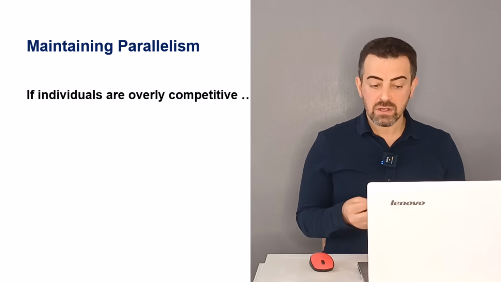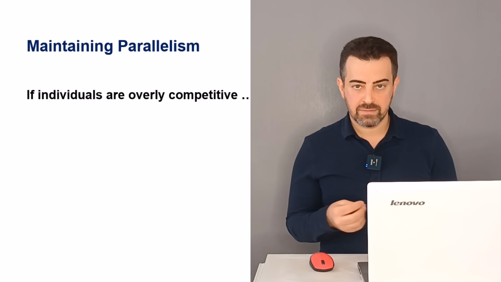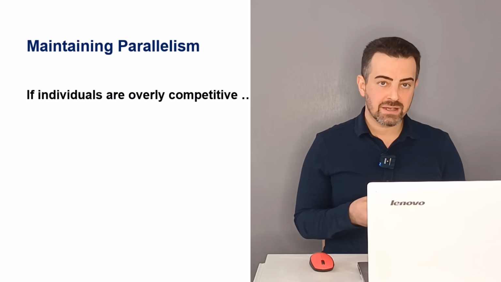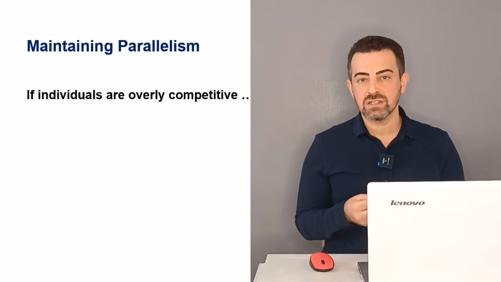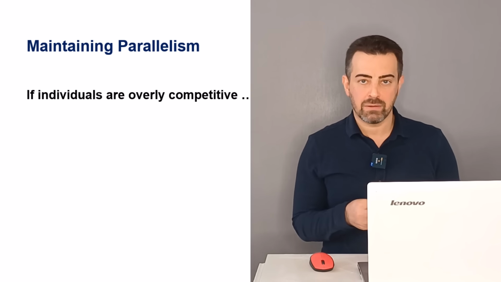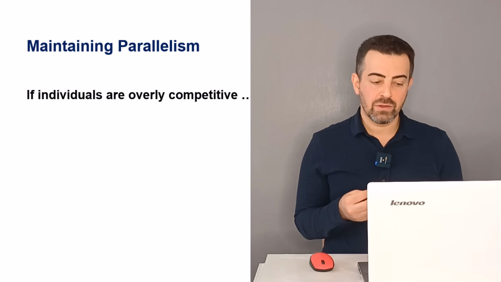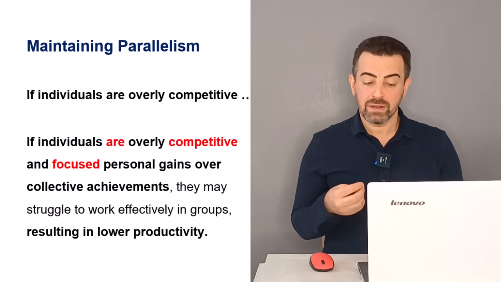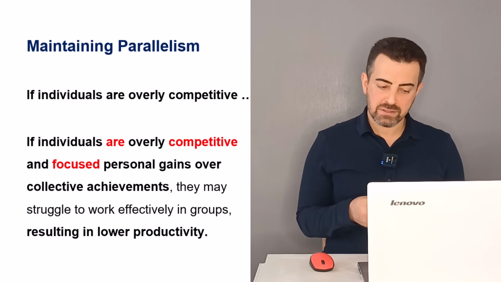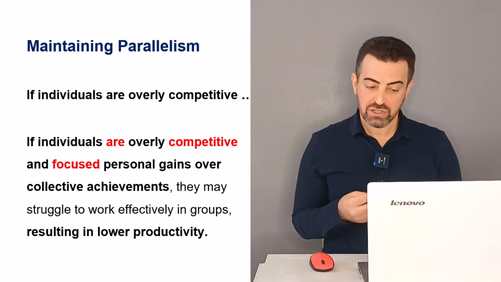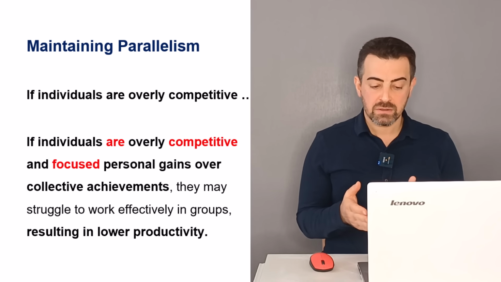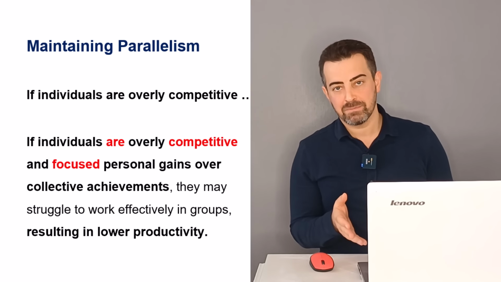If individuals are overly competitive. So I'm using to be plus adjective. In this case, I need to make some slight changes to the rest of the sentence to keep it parallel. Look at my revision. If individuals are overly competitive and focused on personal gains over collective achievements, they may struggle to work effectively in groups, resulting in lower productivity.